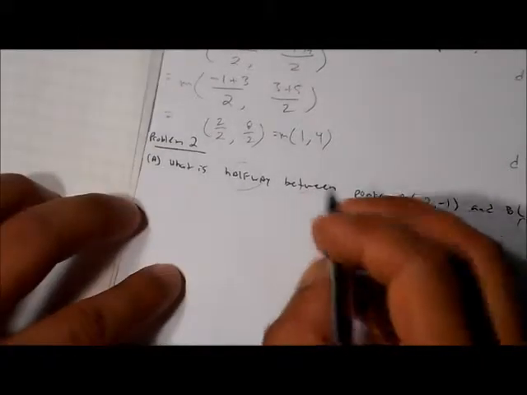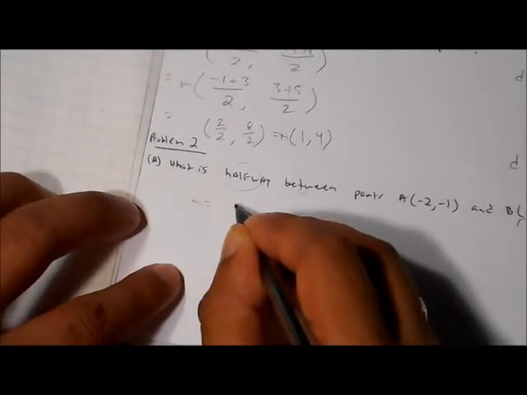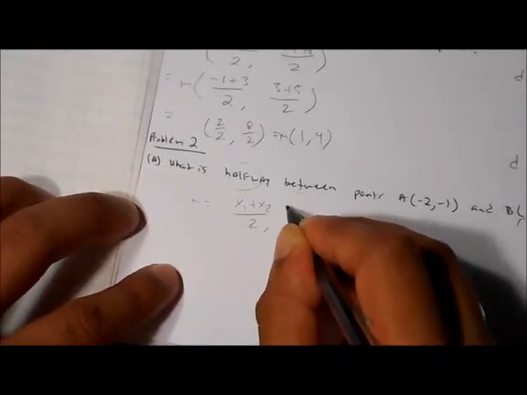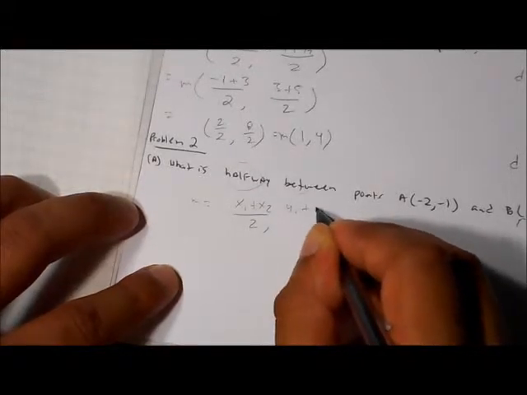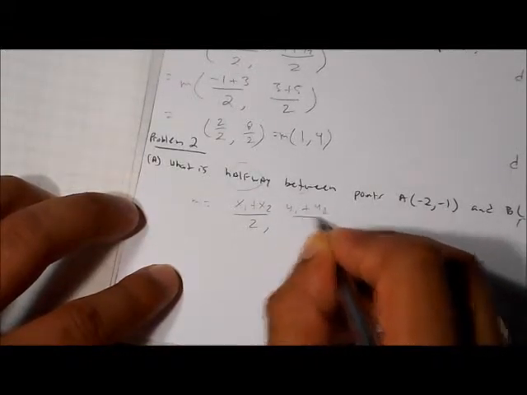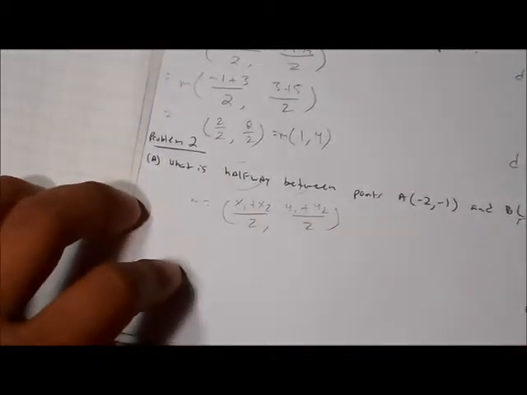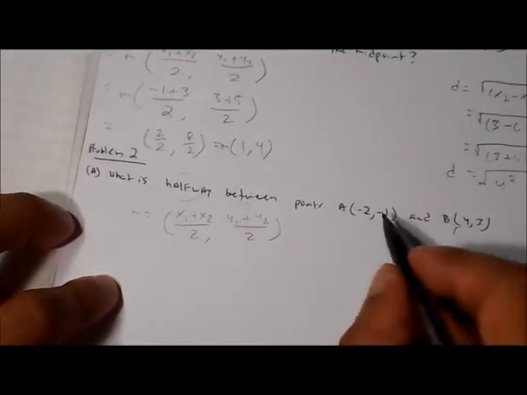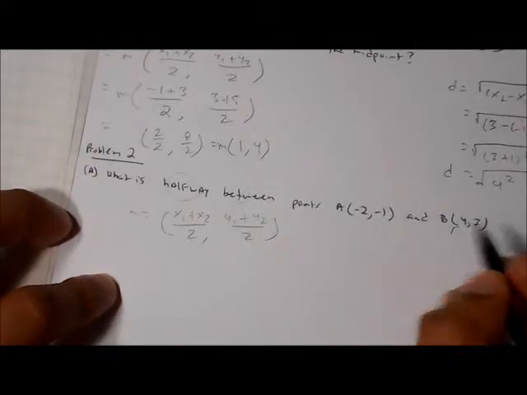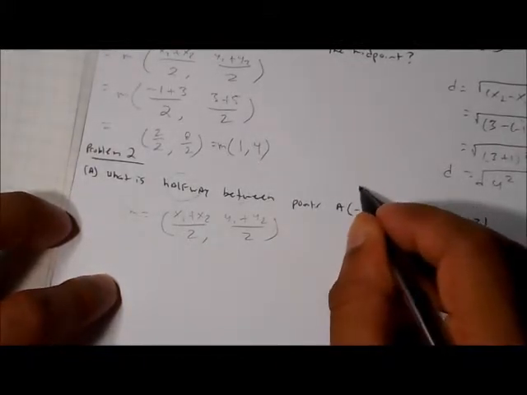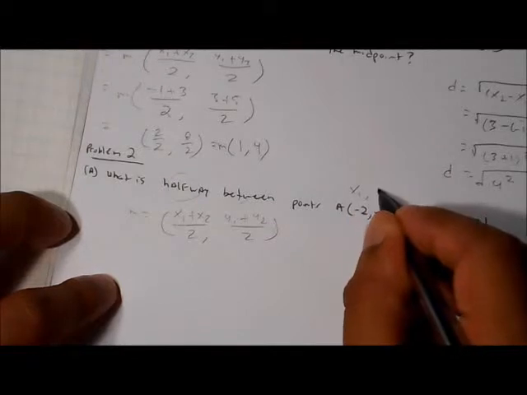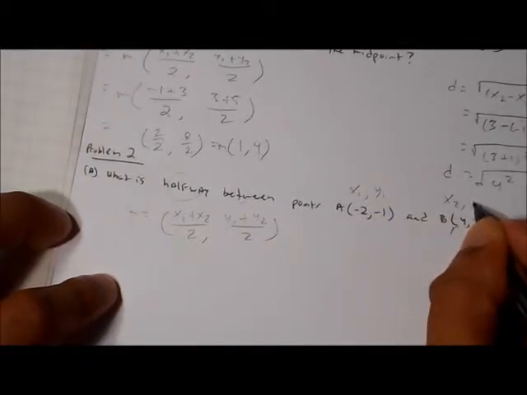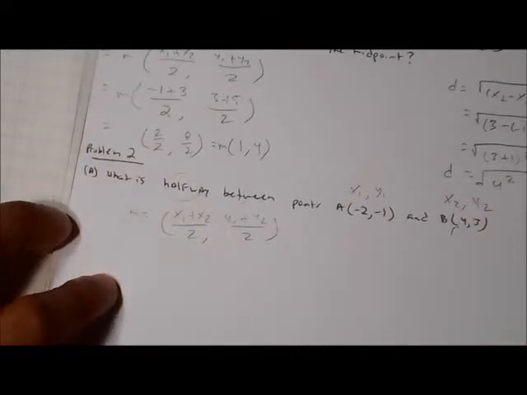Then we have m is equal to x1 plus x2 divided by 2, and then y1 plus y2 divided by 2. Okay, so let's find which point is our first one and which is our second one. Let's say this is our first point, x1, y1, and then x2 and y2.